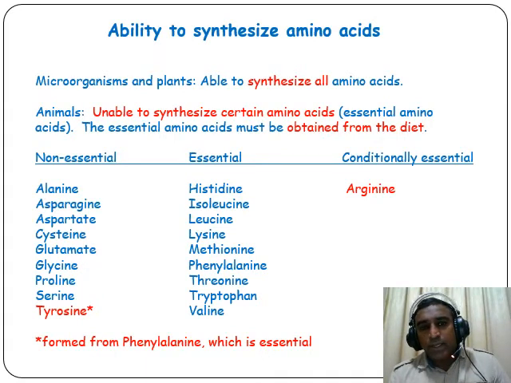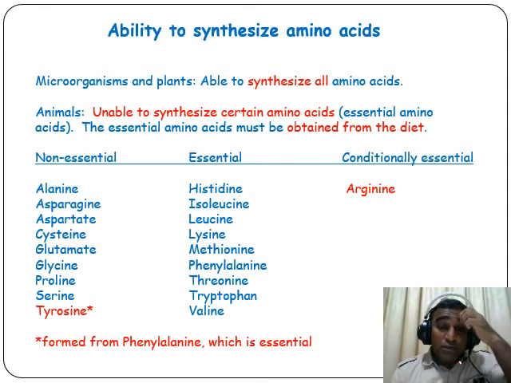So here is the description as I just explained in the previous slide. You have the listing of the non-essential, essential, as well as conditionally essential. I already spoke to you about arginine, which is conditionally essential, differing between youth and adult.